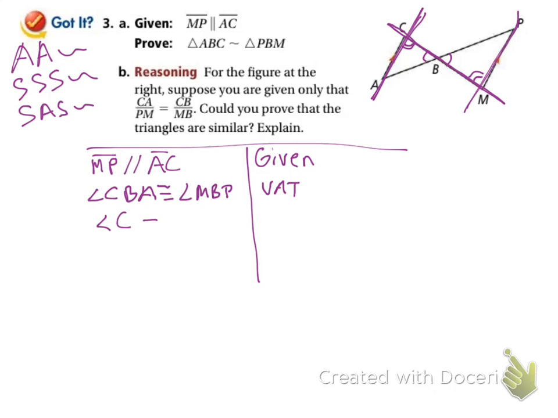So angle C is congruent to angle M by alternate interior angles. And then we've got the two angles are congruent, so now we can use our AA similarity to say that these triangles are similar. So triangle ABC is similar to triangle PBM by angle-angle similarity. And there you go.